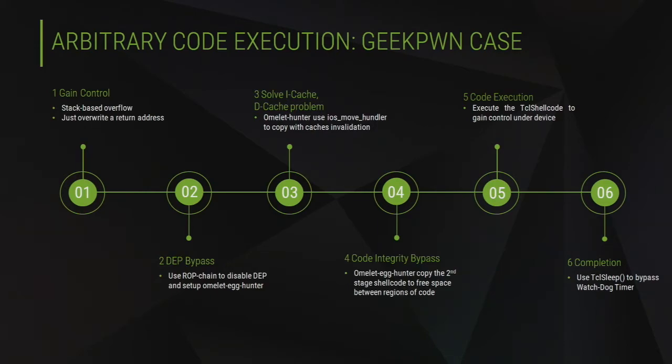After that, our ROP chain bypasses DEP and moves the omelet egg hunter to the space between the code regions and then transfers control to it. Then the omelet egg hunter collects the shellcode and moves it to a code area that is not under control of integrity checking.